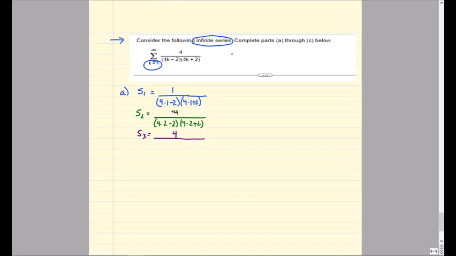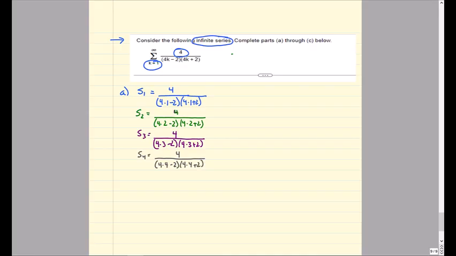And that 4 comes from what was given to us. So S sub 3 then would be 4 times 3 minus 2 times 4 times 3 plus 2. And then our last one, S sub 4, would be a 4 on top, 4 times 4 minus 2 times 4 times 4 plus 2.